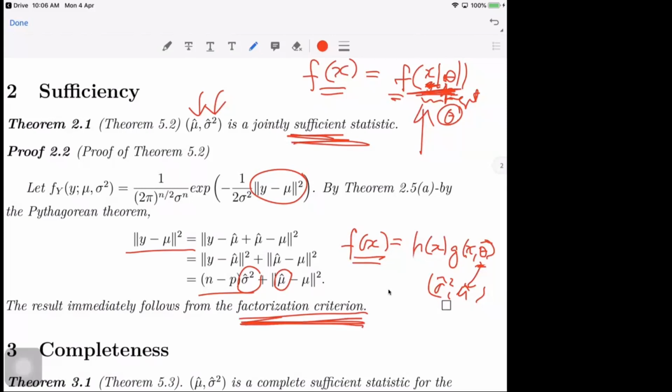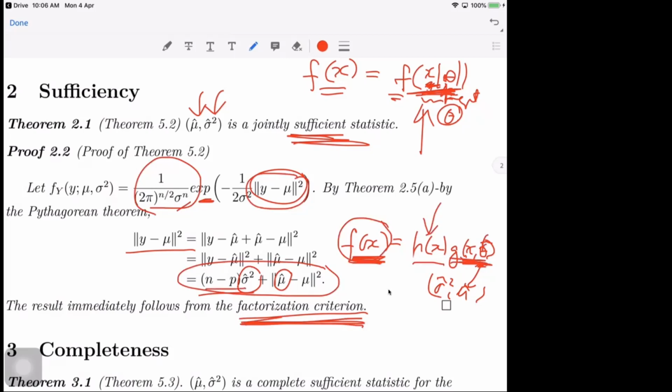That is, if you can factor your density function into two components, one is just a function of x, or of y, but constant, and the other term is a function of y and the parameter, which can be shown in this manner. Exponential of this plus this.